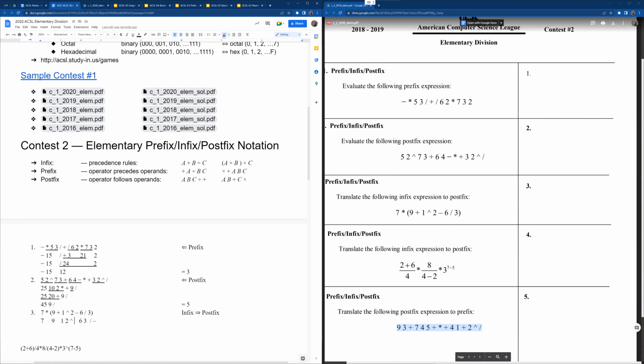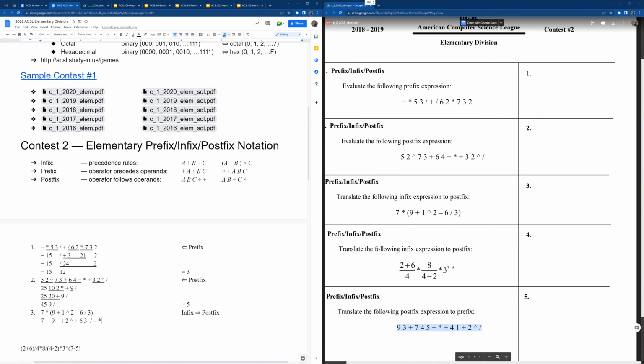We can do it here, right? And then we got to finish all these before we can do that multiplication, right? So we got to do all that and then do the multiplication. So this is how we got that into postfix, right?